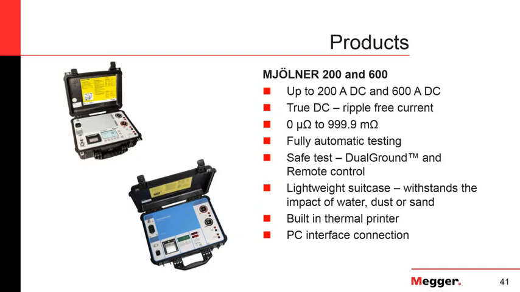Those 2 units offer fully automatic testing, remote control, of course, and they can test between grounds. If you're not familiar with that technology, let's say you have a breaker that is grounded on both sides, and you can still hook up the Milner and take the resistance measurements without taking any of those grounds down.